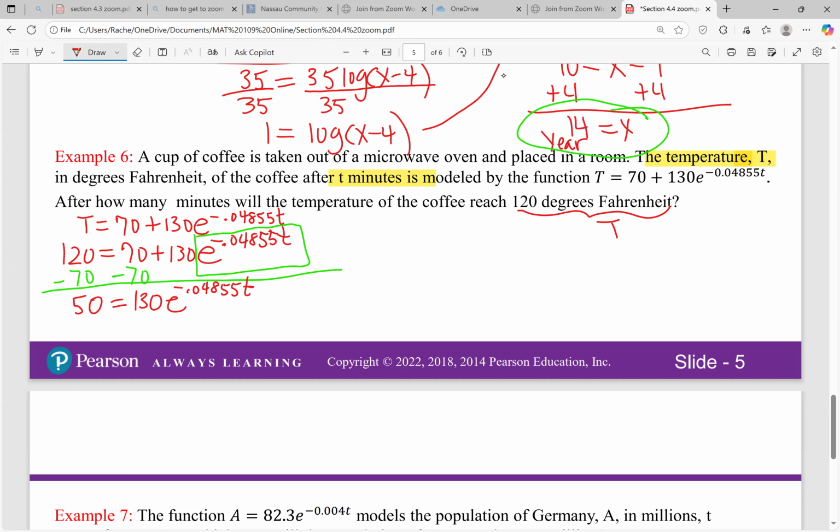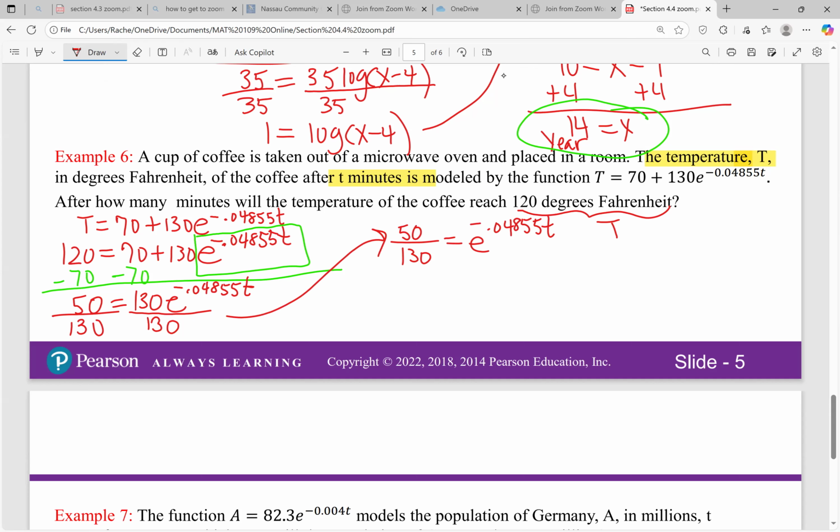It's just hanging around there by multiplication. So let's divide both sides by 130. We're going to get 50 divided by 130 is equal to e to the negative 0.04855t.